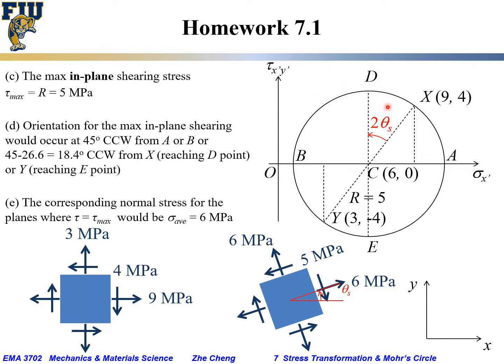Or once you find A, you can rotate from A counterclockwise on Mohr circle 90, which means in real geometry 45 degrees from A to find D, or from B to find E. On the other hand, if you start from horizontal x, you rotate from x to d counterclockwise by 45 minus this angle.